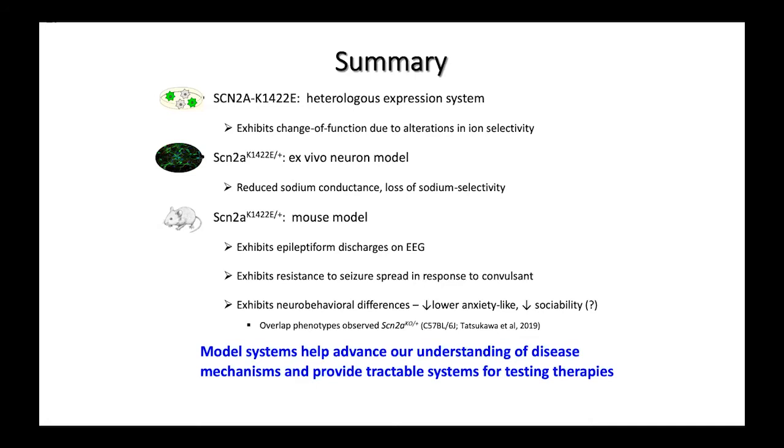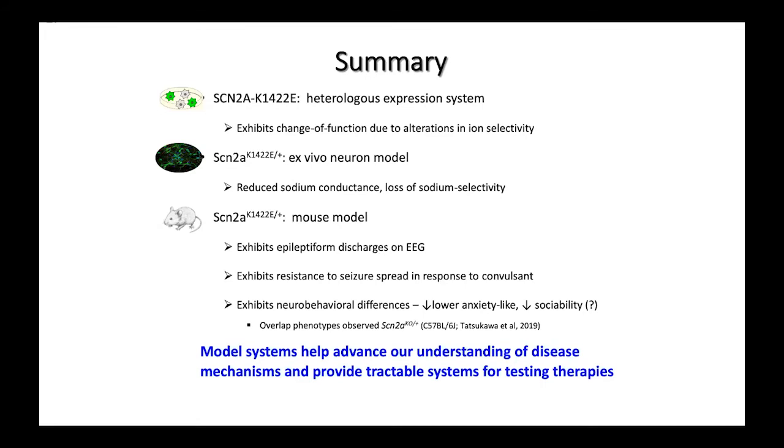So that seems to track very nicely between heterologous and neurons. And in the mouse model, we do see epileptiform discharges. We do see this kind of interesting and maybe counterintuitive resistance to seizure spread. And we also see neurobehavioral differences, some of which overlap with the SCN2A knockout mouse.